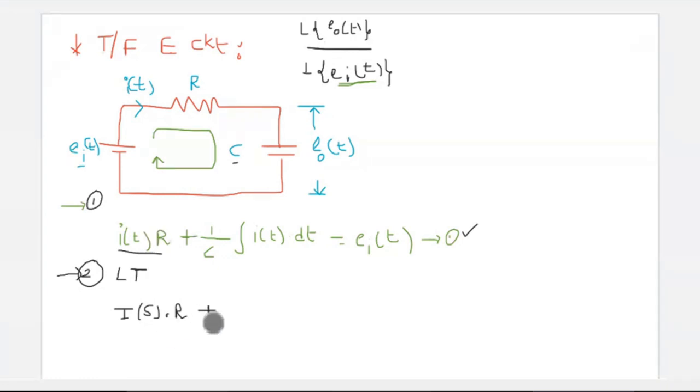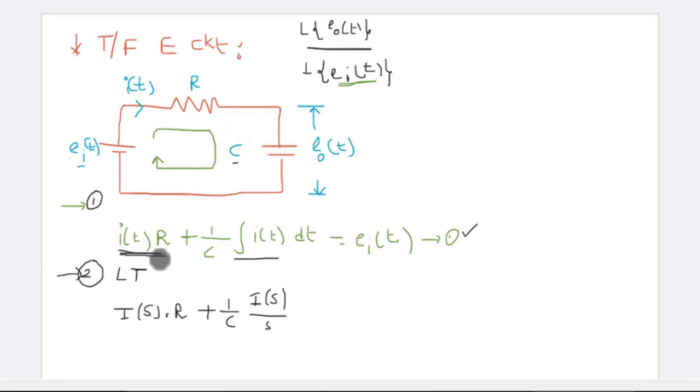Plus, what is the Laplace transform of integration? 1 by C is a constant. The Laplace transform of the integral of I of t is I of s by s, once you go through the basic Laplace transform formulas.